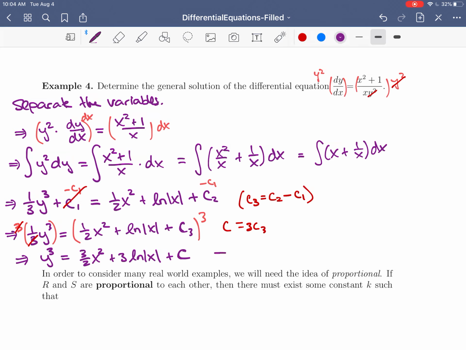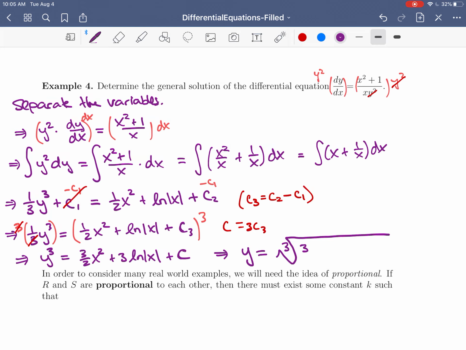But now here's where it matters. In order to get y by itself, I want to take the cube root. All this stuff that I've done to the C doesn't matter because I've just added a constant or multiplied by a constant, or divided by a constant. None of that matters. What does matter is when I move C. Here I need to take the cube root of both sides to solve for y. So that means that my C needs to be inside the cube root.